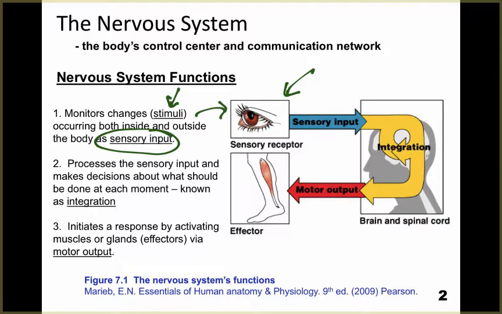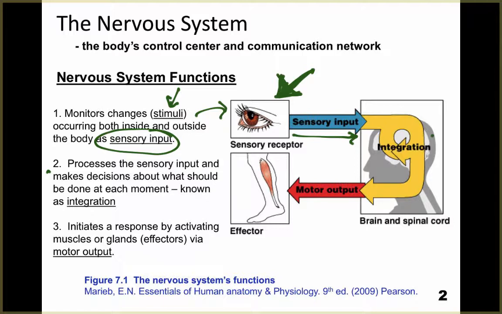Now, what our body decides to do once it takes it in is the function of the nervous system. As you see in part 2, it processes the sensory input and makes decisions about what should be done. So your eye is going to take in the surroundings, and then communicate that information to the nervous system.